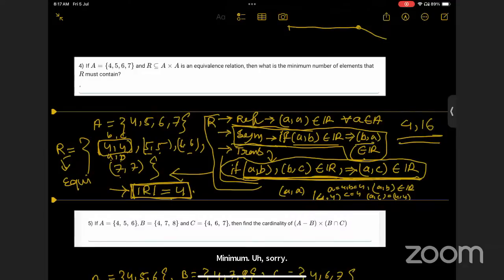If we want to know the maximum number in R, we just multiply 4 into 4. Power set, you know, right? Set of all subsets. Yes.